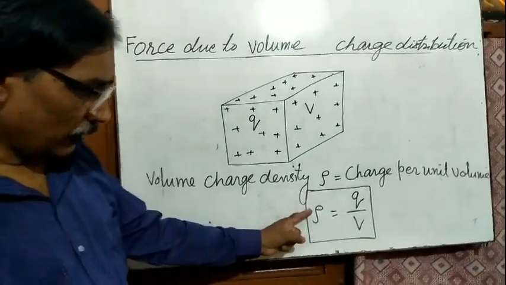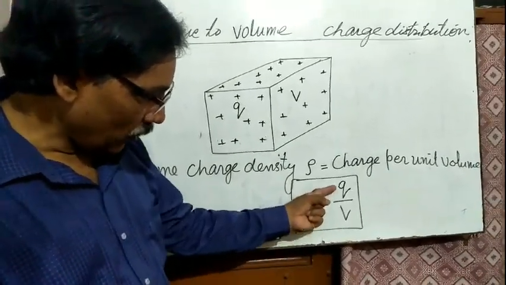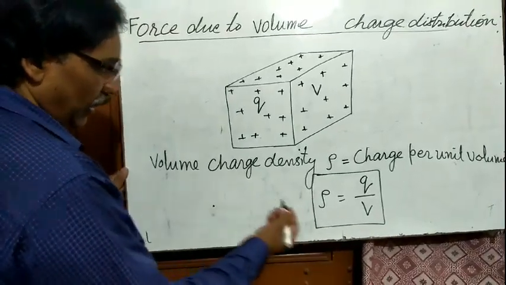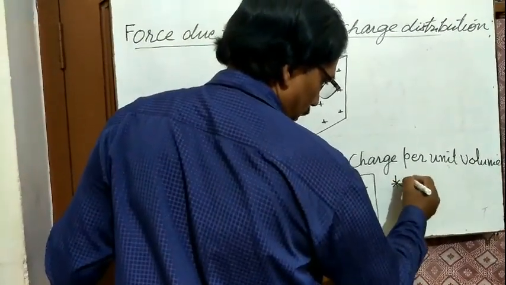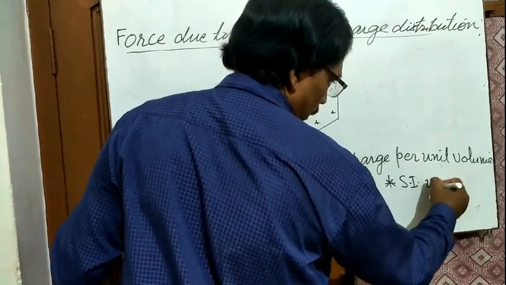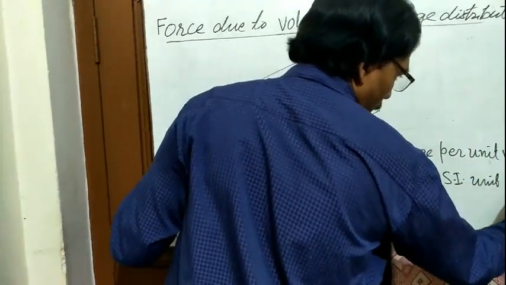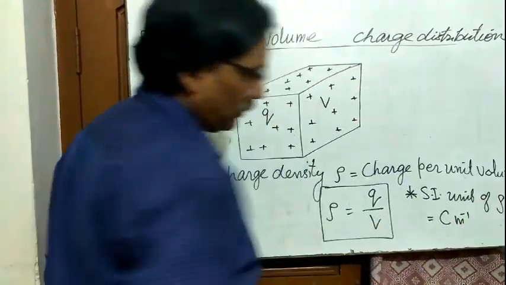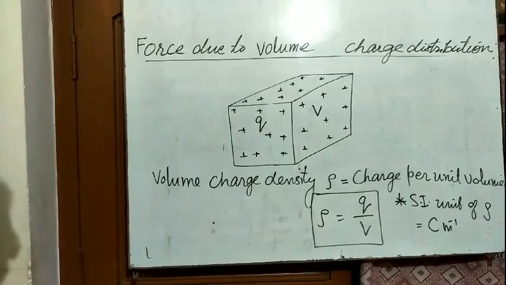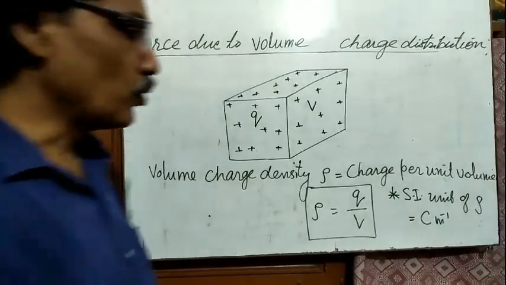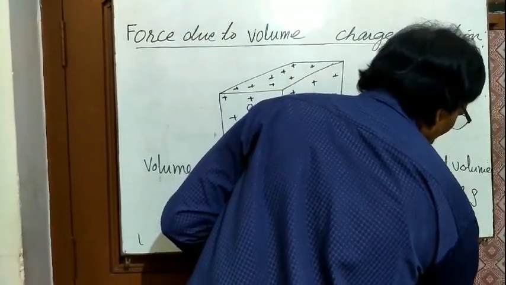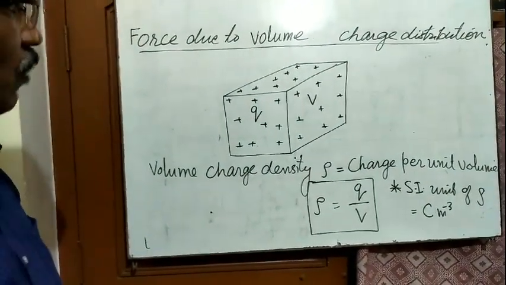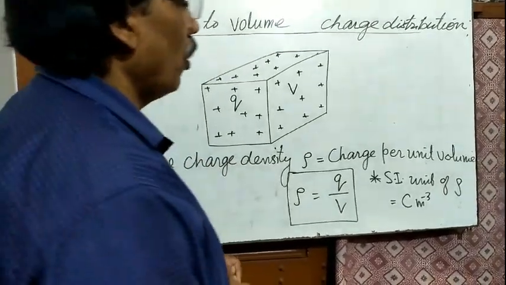So the SI unit of volume charge density is coulomb per cubic meter. SI unit of rho is coulomb per meter cube. Clear?